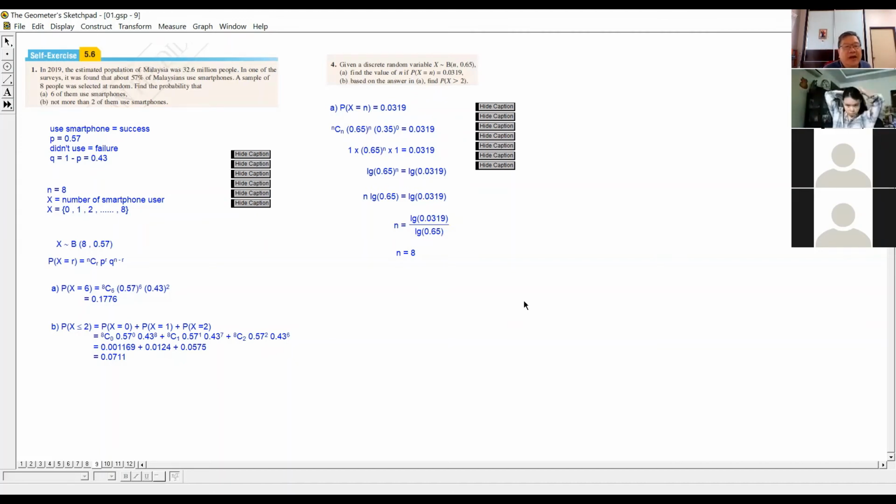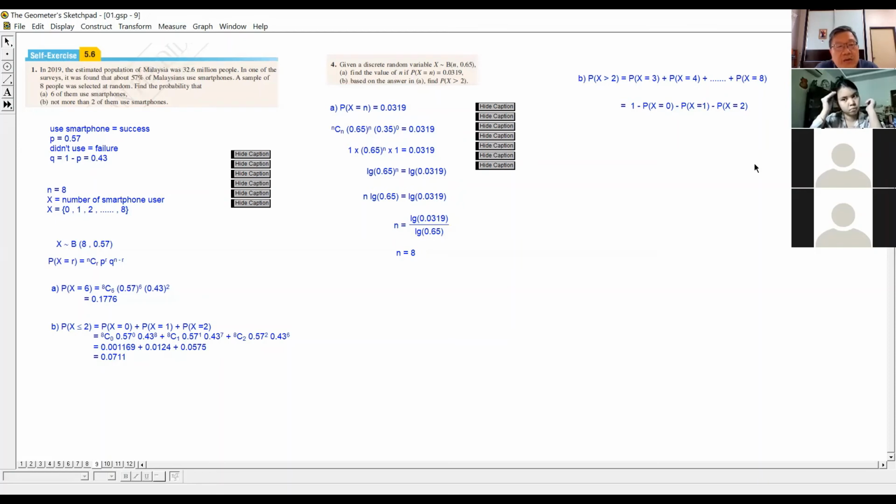I have to find 6 probabilities. But there is one shortcut. Instead of finding probability of X equal to 3, 4, 5, 6, 7, 8, add them up, I can always use the shortcut. Shortcut is very easy. You just take 1 minus the probability of X0, X1, and X2. So when you take away the 0, 1, and 2, you will get the balance. The balance is X equals to 3, 4, 5 until 8.